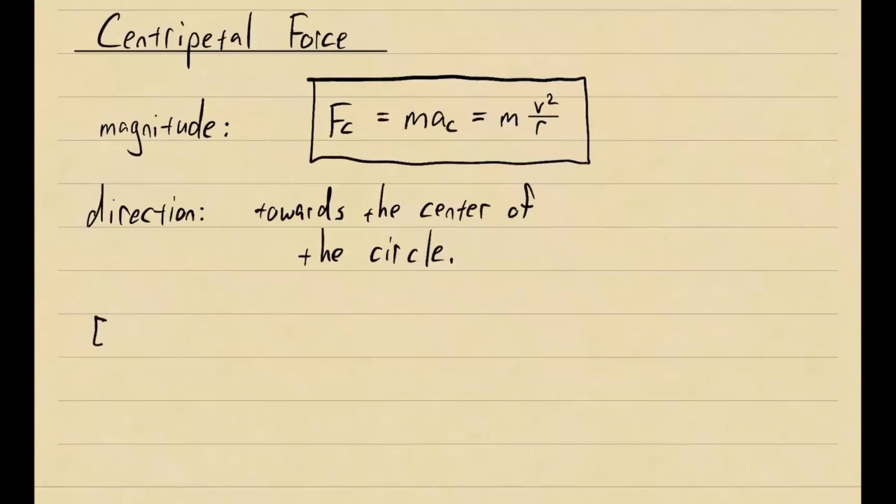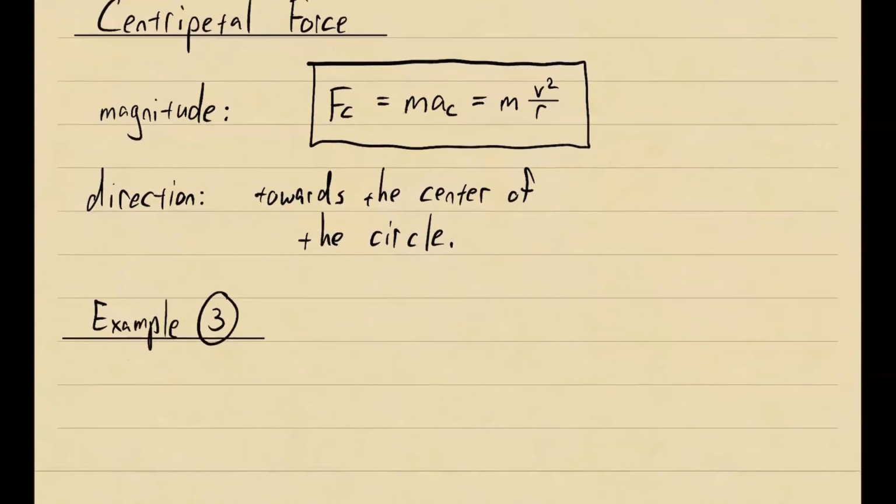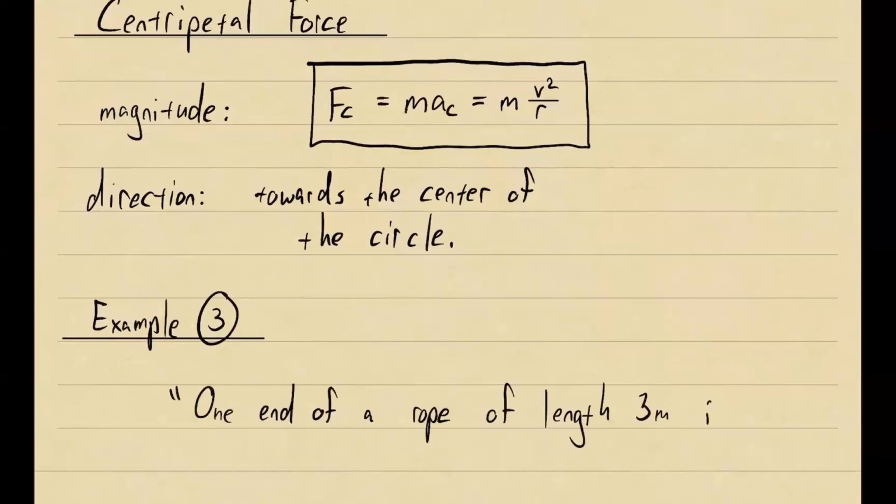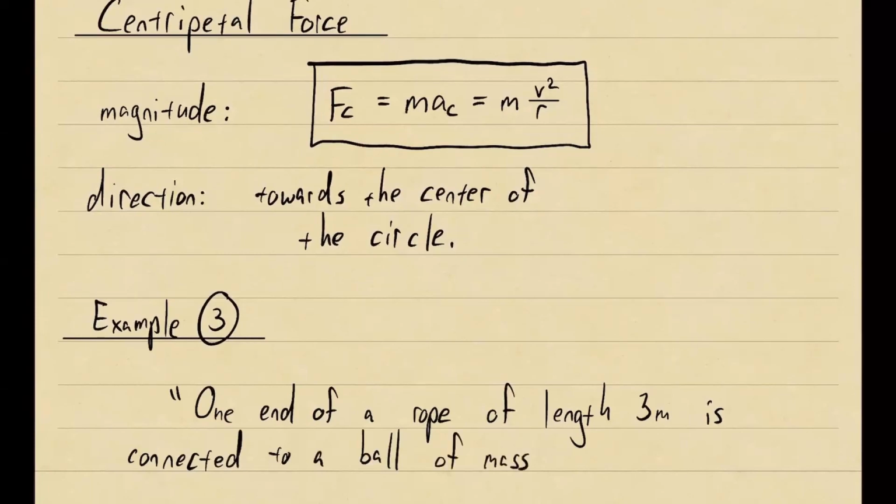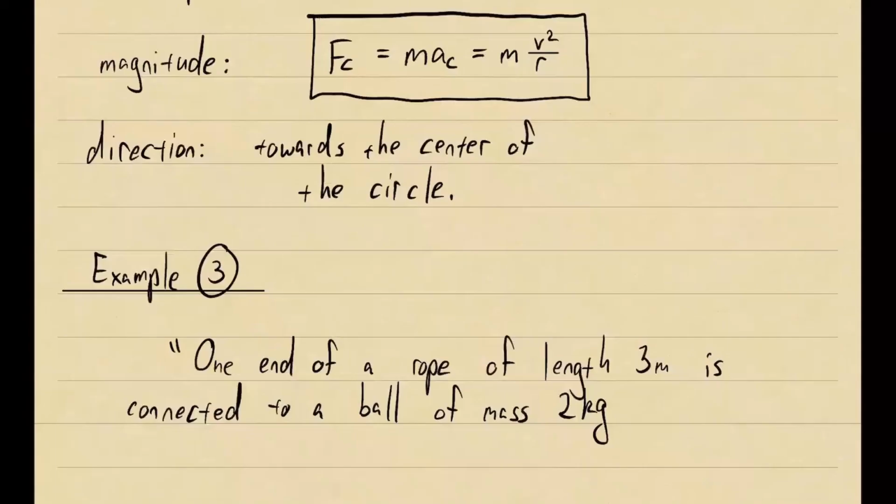Example 3 says that one end of a rope of length 3 meters is connected to a ball of mass 2 kilograms, and the other end is held by a person.